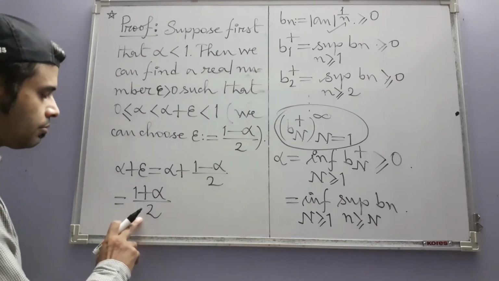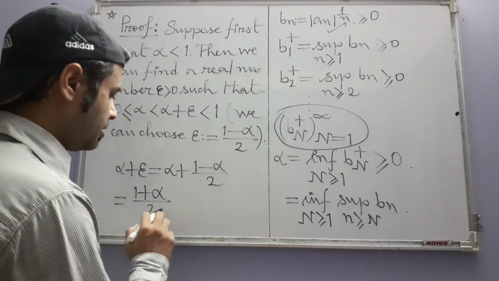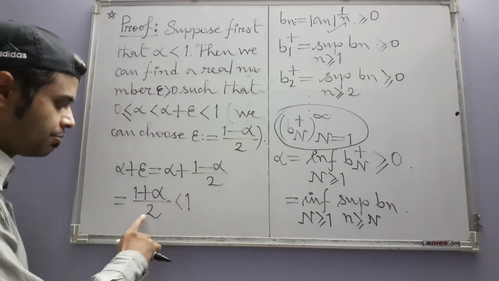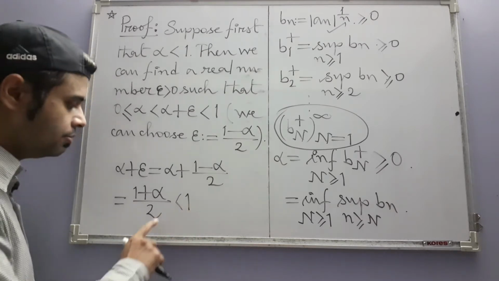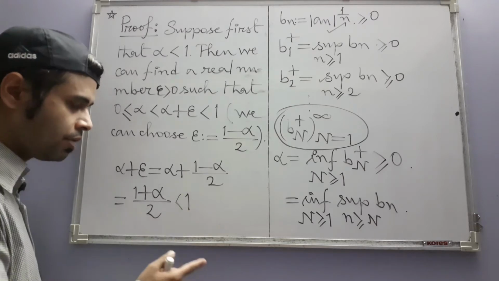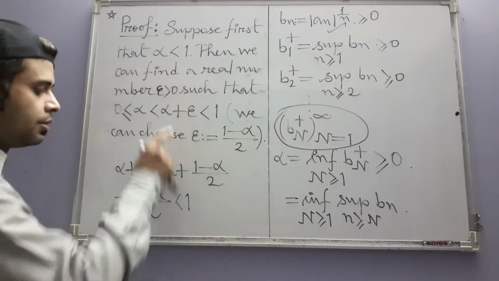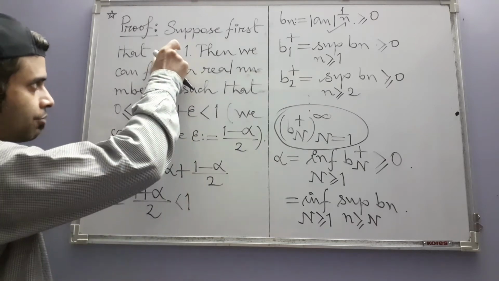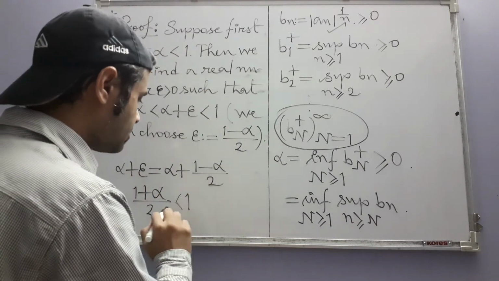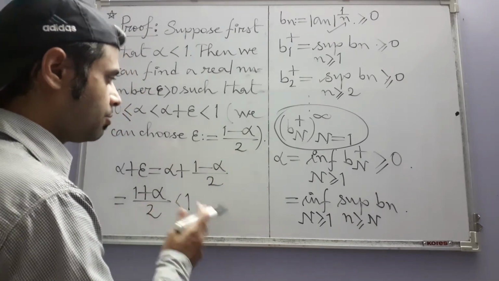Now (1 plus alpha) divided by 2 actually is less than 1. Why? Because if you multiply on both sides by 2, you get 1 plus alpha less than 2, which is equivalent to the inequality alpha less than 1, which is what we have. And we can of course come from here to this one also. So that is why we can take this value of epsilon. But one more thing is there.